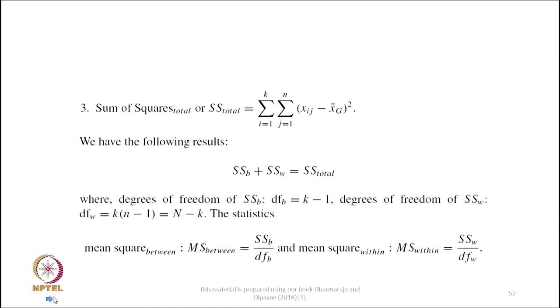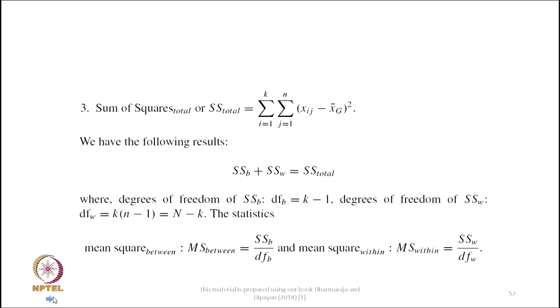Now, we are going to introduce a test statistic, but before that you should know the distribution of each one. Based on our earlier discussion, you can conclude that SSB is going to be a chi-square distribution with k minus 1 degrees of freedom, and similarly SS within is also a chi-square distribution with k times n minus 1 degrees of freedom.